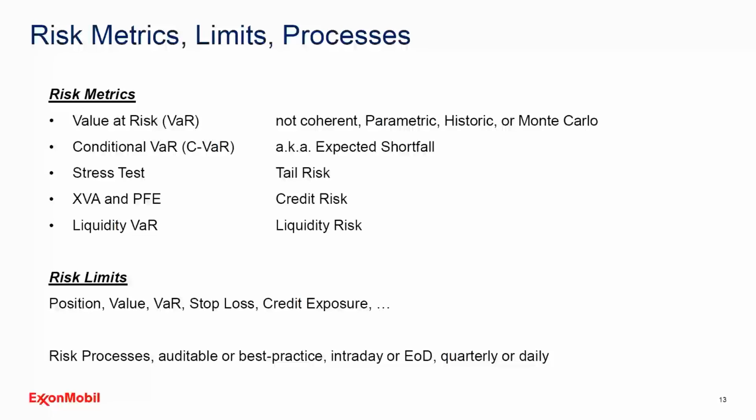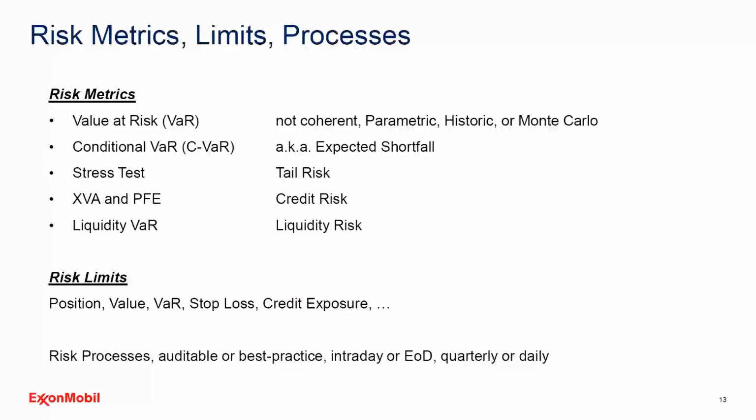And people also worry about tail risk a lot, so they use stress tests. And stress tests are very regulated in the banking industry, like the Federal Reserve has its CCAR or DFAST processes conducted annually, to stress test all the banks in the United States.